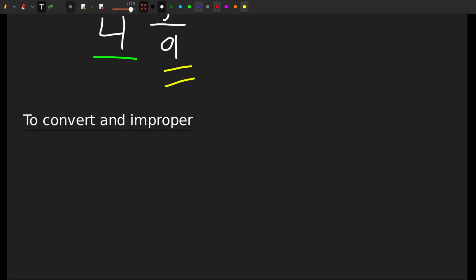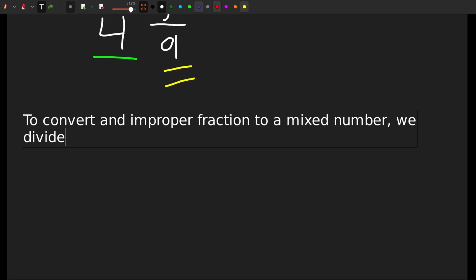To convert an improper fraction to a mixed number, we divide the denominator into the numerator. Okay? So to go from an improper fraction to a mixed number, we divide the denominator into the numerator.